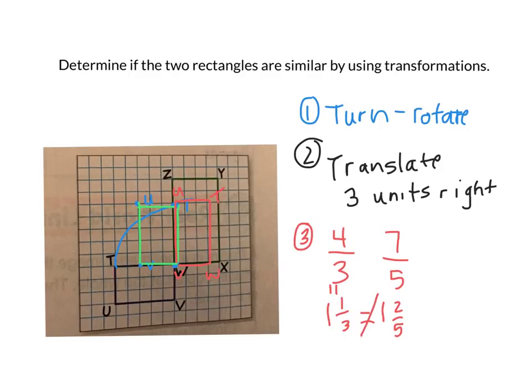That indicates that even though I could turn my figure the same and translate it 3 units to the right and map it onto the other rectangle, these two figures are not similar, because that last step of being able to dilate it, increasing all the sides by the same scale factor, does not hold true. These ratios are not the same.